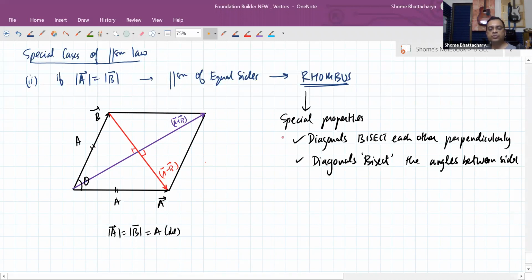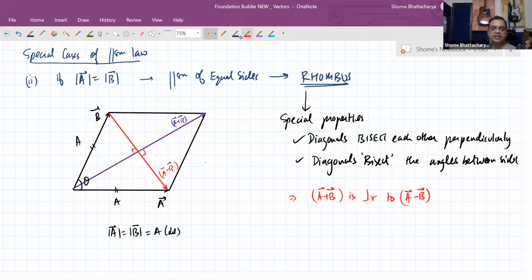So this property basically means that A plus B is perpendicular to A minus B. This happens only in the case where mod A is equal to mod B.